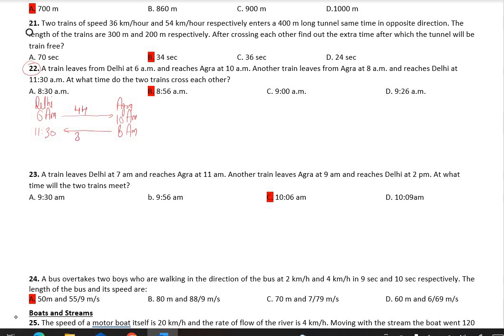That means it is taking 3.5 hours, right? So the first thing that we have to do, just take the LCM of this 4 and 3.5. So you can see the LCM of this 4 and 3.5 will be 14. Just take the distance is equal to 14 kilometer, right?